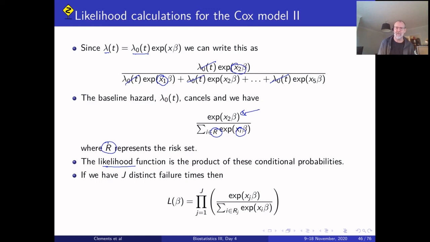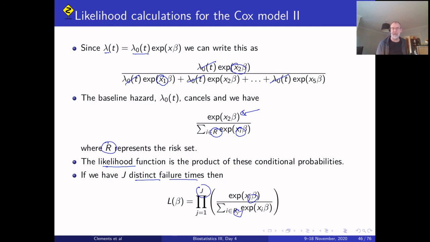This gets a little more tricky to write when we've got ties, but assuming that we've got distinct failure times, the full likelihood is equal to the product over the events of exponential of the covariate times beta for the event, divided by the sum over the individuals who are in the risk set for that jth event of exponential of xi beta.